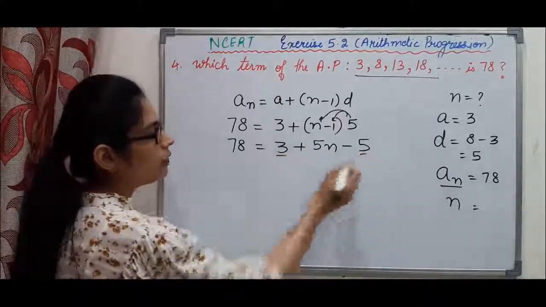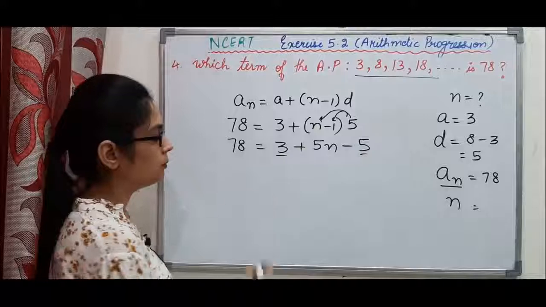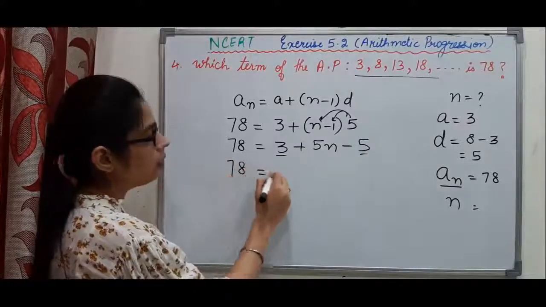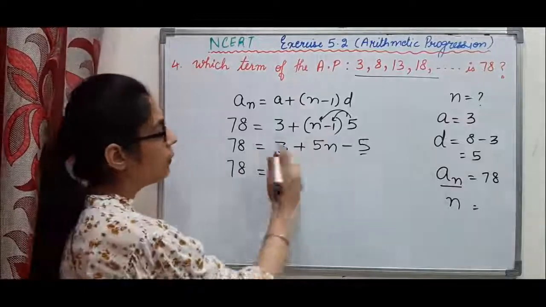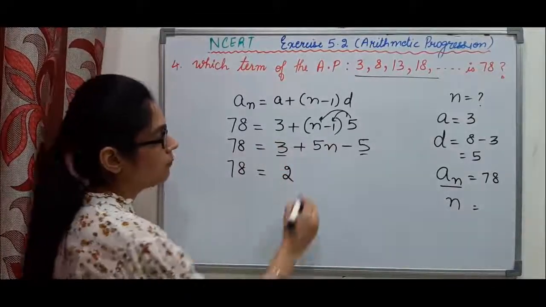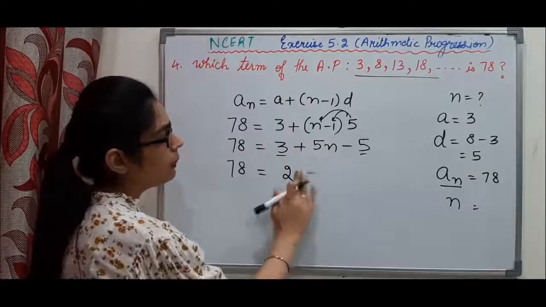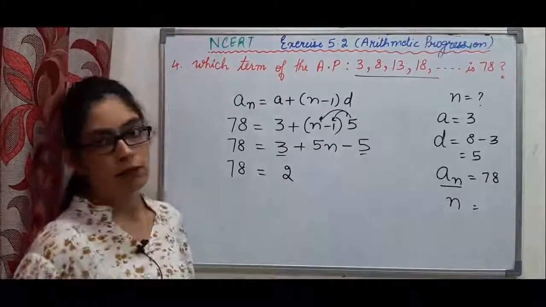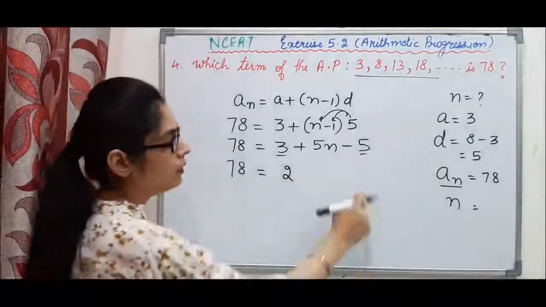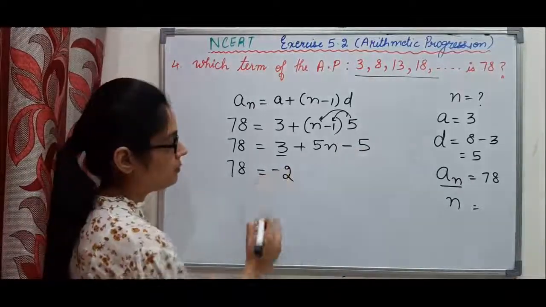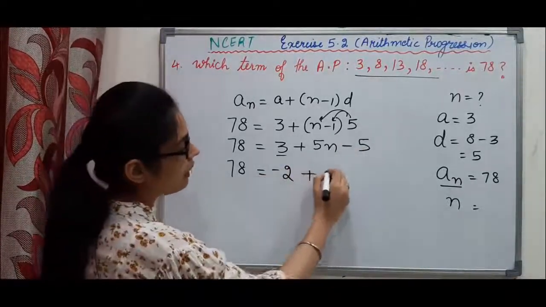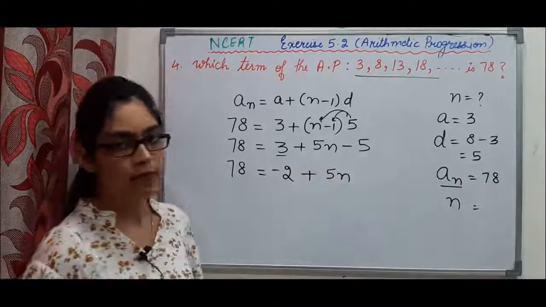Now 3 and 5, these two are like terms, so like terms can be added or subtracted. Minus 5 plus 3: 5 minus 3 is 2, and 2 with the minus sign, because the sign we have to take is of the greater number. The greater number is 5 and with 5 the minus sign is there, so minus 2. Plus 5n as it is we will write.